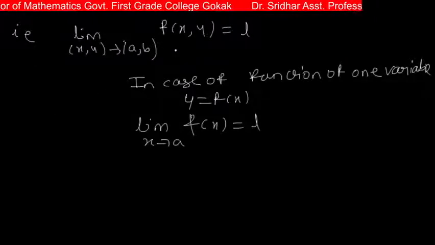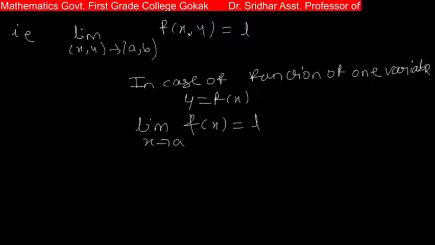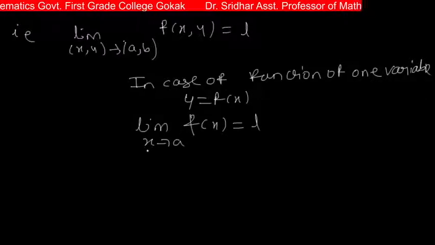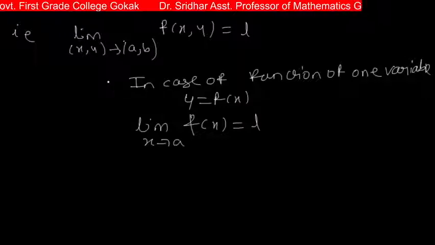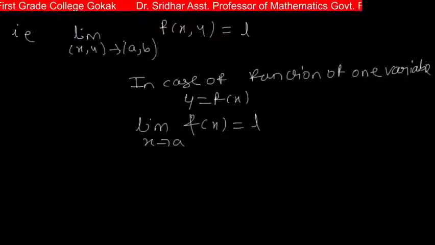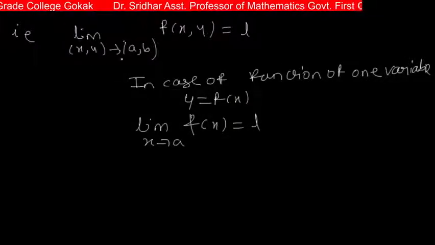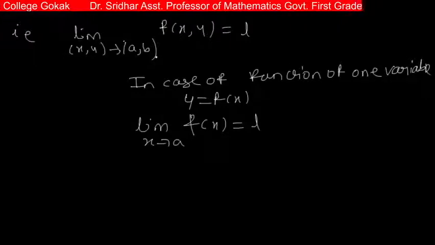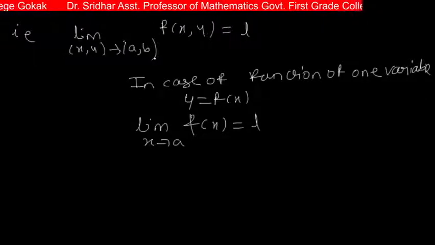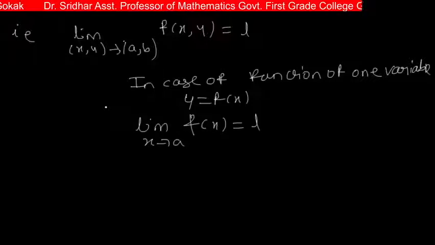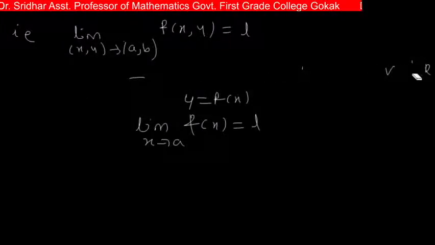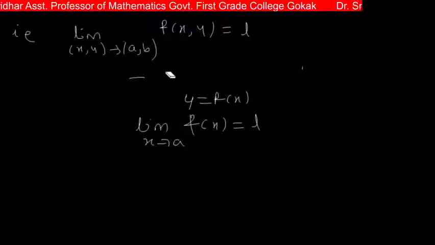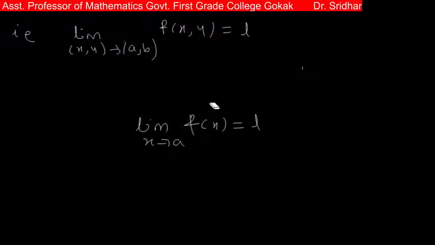Here we have a function of two variables x and y, and both x and y tend to limits a and b. So this is about the limit of a function of two variables.